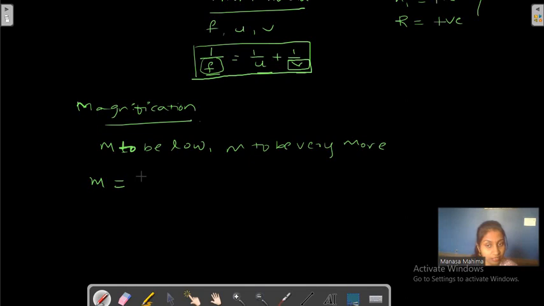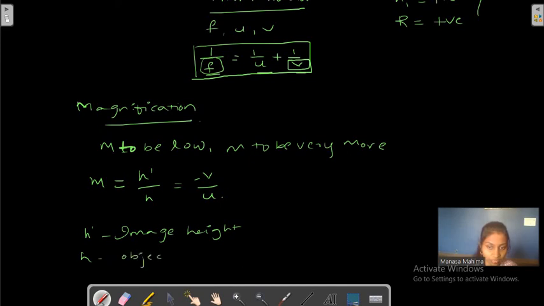So how can we relate the magnification with the object distance and the image distance? It is given by a simple formula: h prime by h is equal to minus v by u, where h prime is called the image height and h is called the object height. Don't get confused here.